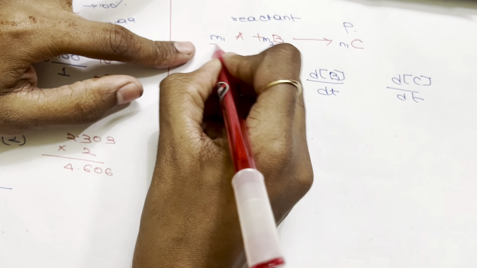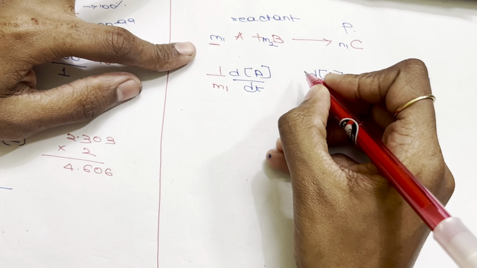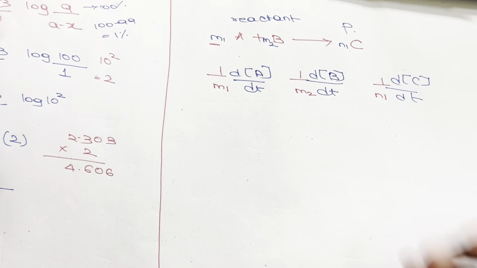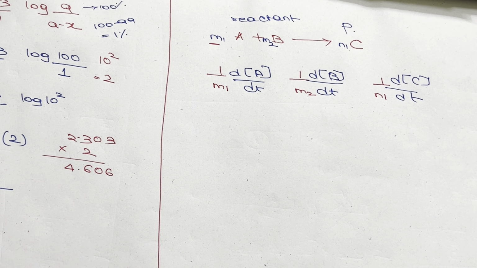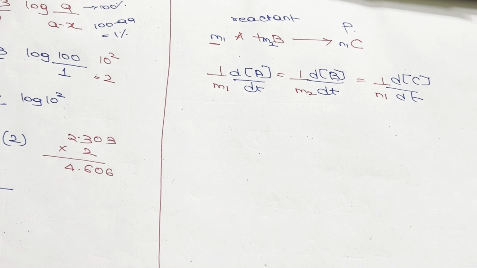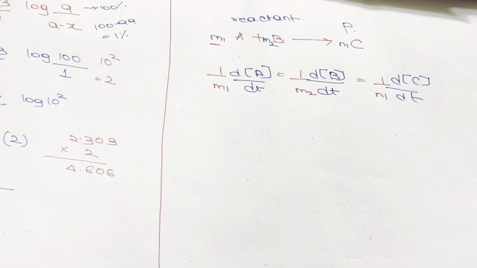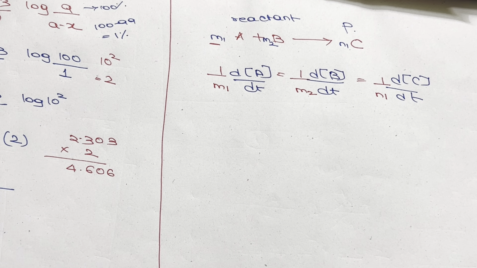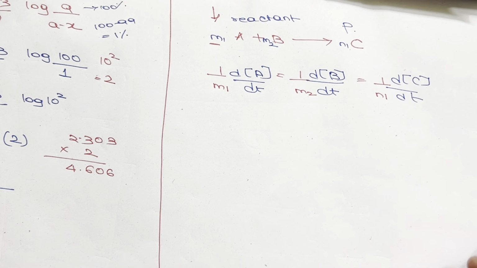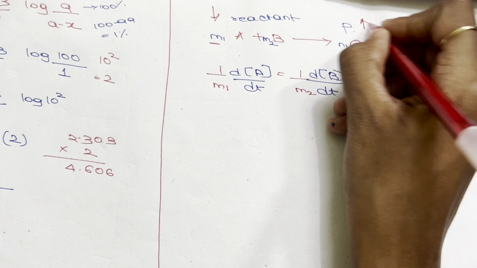This M1 will go in the denominator, then M2, then N1. Now, as we know, with time the concentration of reactant decreases and the concentration of product increases.